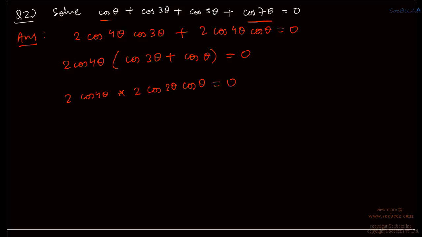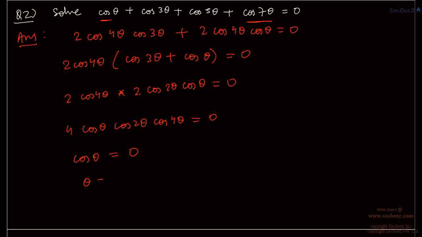So we see that this large expression is nothing but 4 times cos theta cos 2 theta cos 4 theta equal to 0. Right. So now when the whole product is 0, that means any of the terms are 0 or all of them are 0. So taking them as 0, we get cos theta equal to 0.